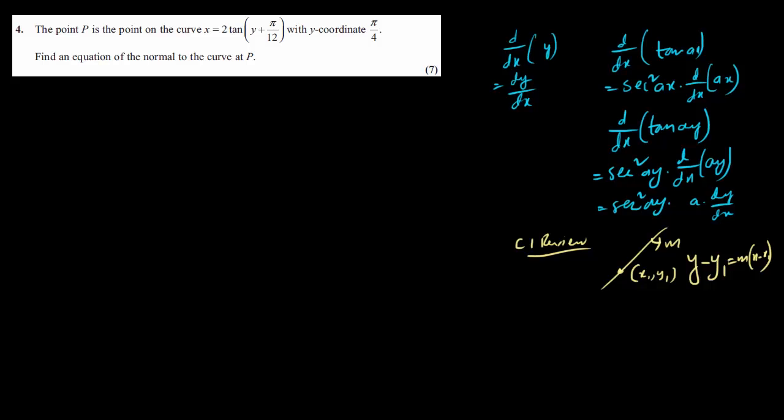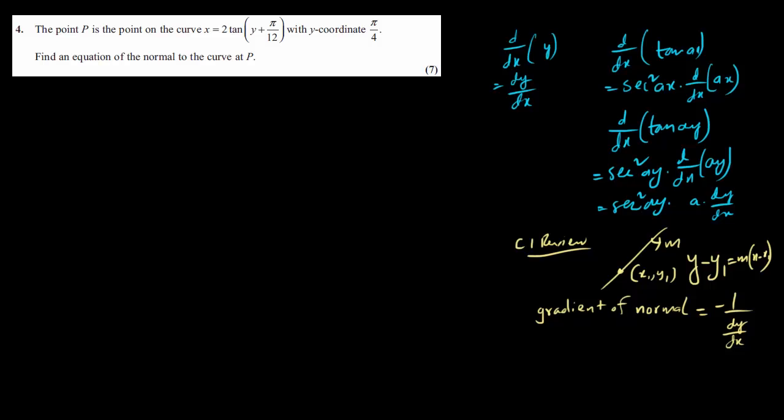That's the equation of the line. Now the gradient rule for a normal line: the gradient of the normal line is equal to minus 1 by dy by dx, meaning the gradient of the curve at that particular point. So these are the two things that we need to know.